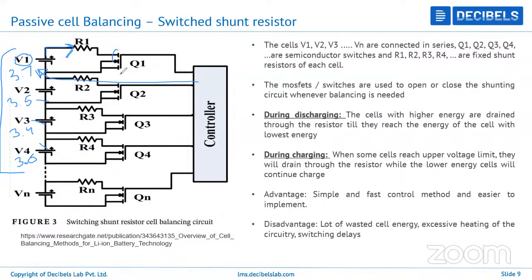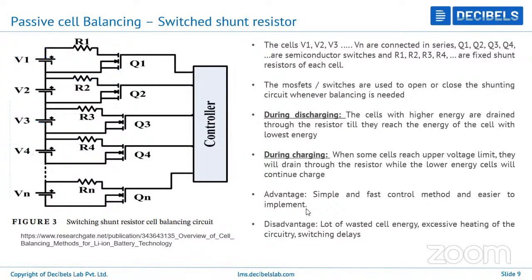It will close the switch, or connect the switch, and force cell number 1 to start to drain its energy through R1. While this is at 3.7, every other cell will be charged all the way till 3.7, and then it will stop charging. So this is how passive balancing is done during charging.